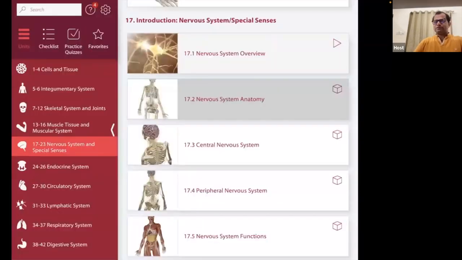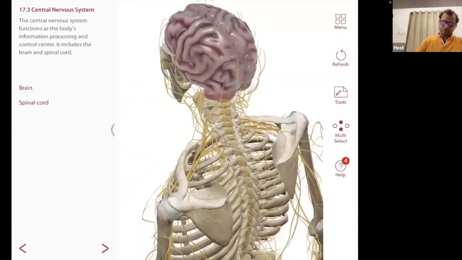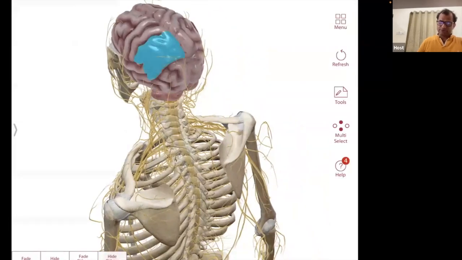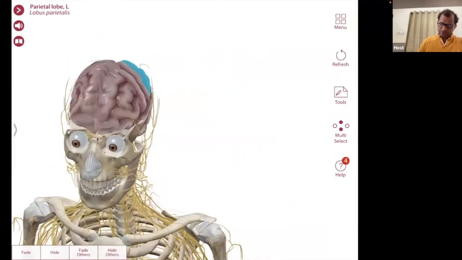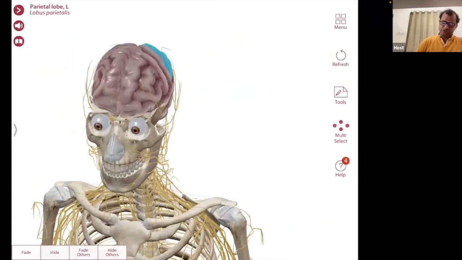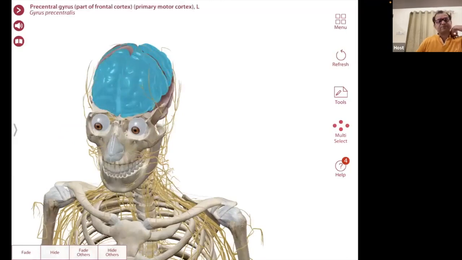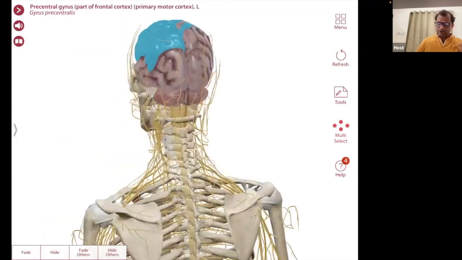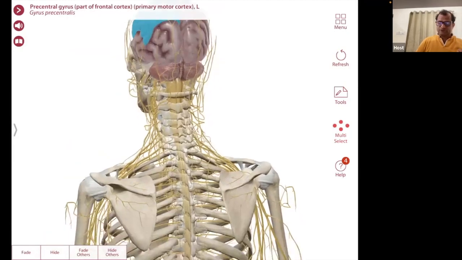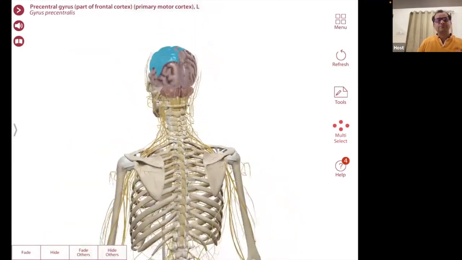If we see in this image, this is the brain. The brain is part of the central nervous system. And the spine is also part of the central nervous system.